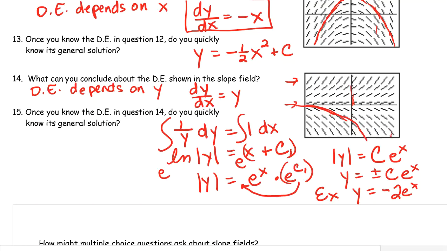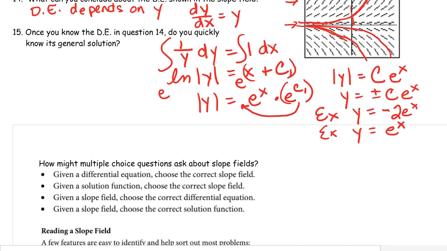So do you see how these curves can be negative exponentials? And another example, if we had a positive constant, like 1e to the x, here's our graph of 1e to the x. So they have positive slopes and negative slopes depending on the value of c for our basic exponential function.